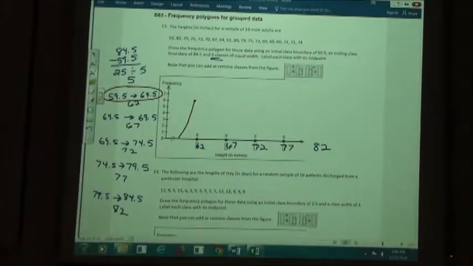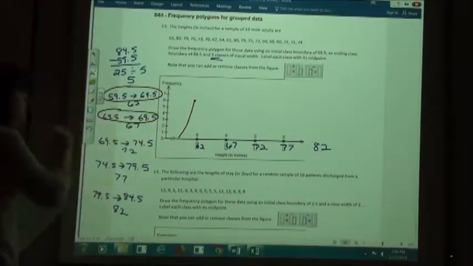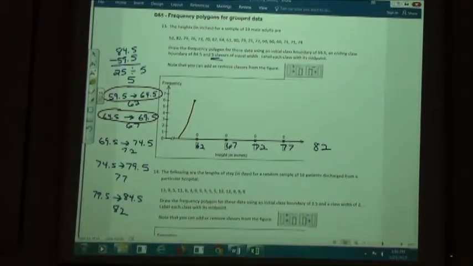How many numbers were between the next section, 64.5 and 69.5? Can we count 64?